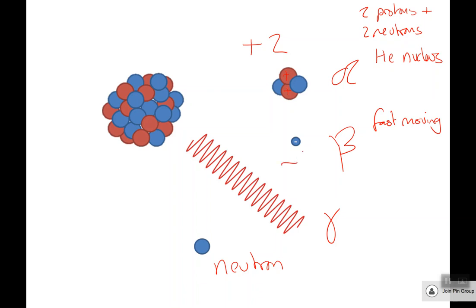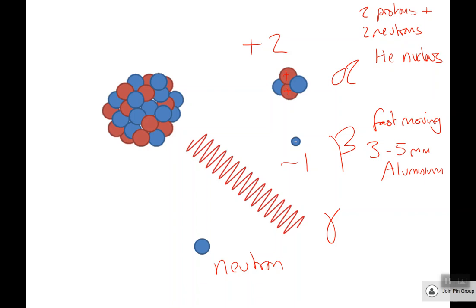It has a charge of -1 because it's literally just an electron. It can go quite far. In air, it can go about 30 centimeters to a meter. It can be stopped by aluminium. We normally say 3 to 5 millimeters of aluminium. In terms of ionizing strength, it's not as ionizing as alpha.